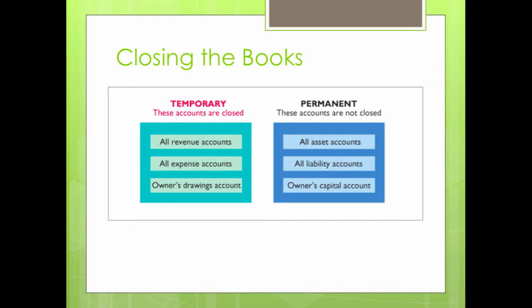But your temporary accounts will be closed down every single year so that you determine how much money you made, how much of that was categorized as expenses, and how much money you as the owner withdrew throughout the year for your own personal use.